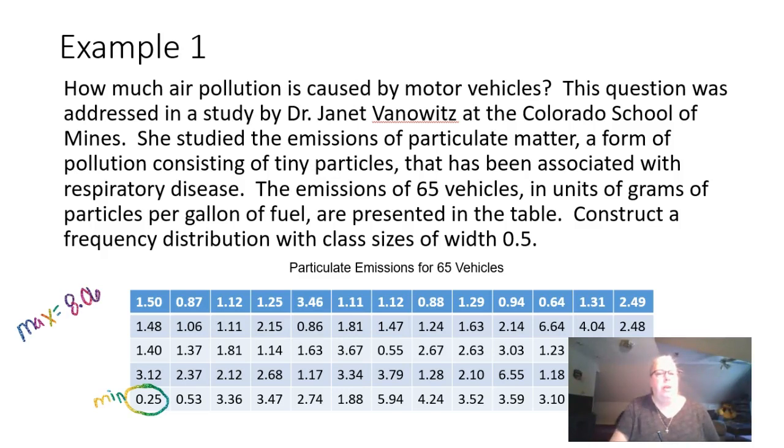Now I'm going to go over to a new slide here, and we're going to create our frequency distribution table. We're going to have our classes, and we're going to have our frequency here. Actually, I'm going to change that.